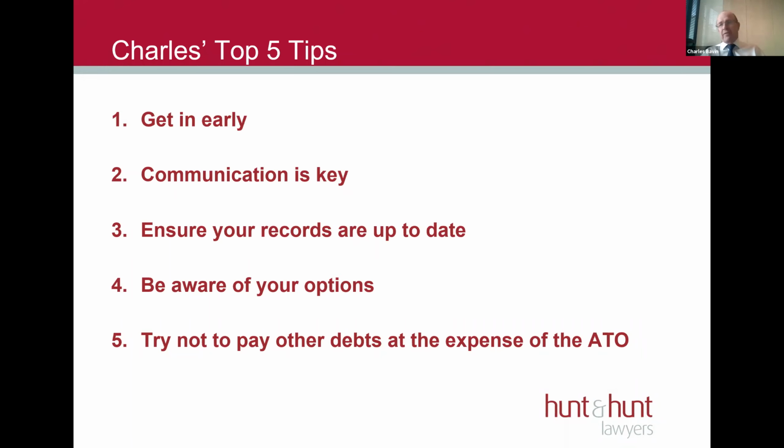And if the medical certificate says you were unable to work and therefore comply with your tax obligations for a period of time, don't ask for a remission outside that period of time, because you won't get it. And if you start asking for things you can't get, you may not get the things you can get. It'll be interesting to see whether and how the ATO treat the pandemic as a circumstance beyond the control of taxpayers when it comes to general interest charges that may have been accruing.